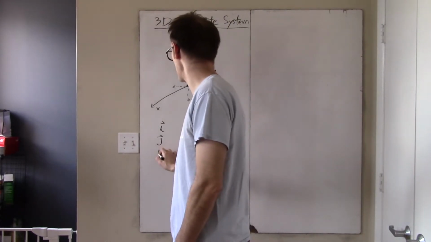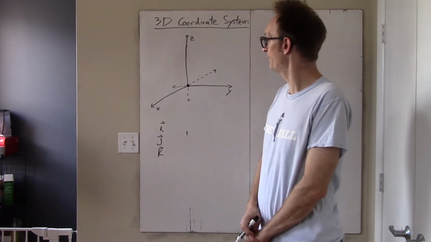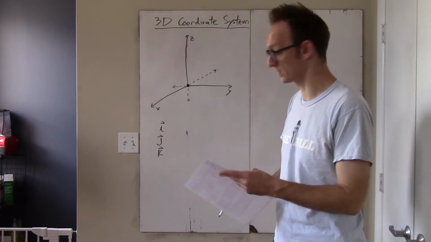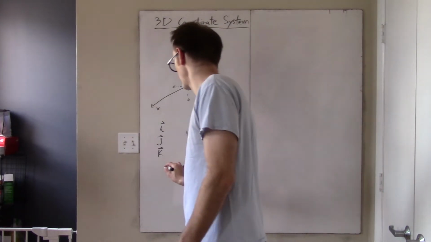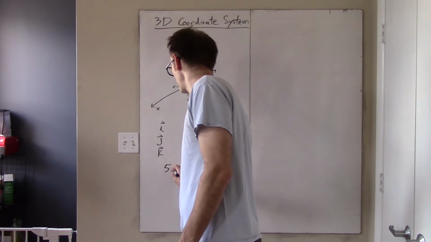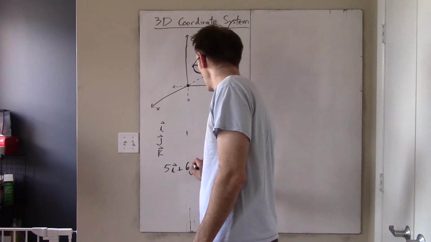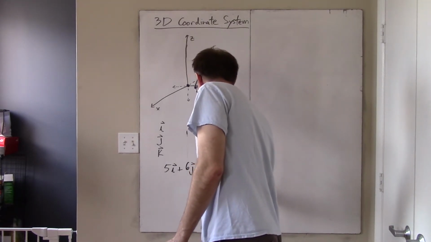And k is the unit vector which points in the positive z direction and has magnitude 1. So when I want to talk about a vector, I can refer to that vector as 5i plus 6j plus 7k.